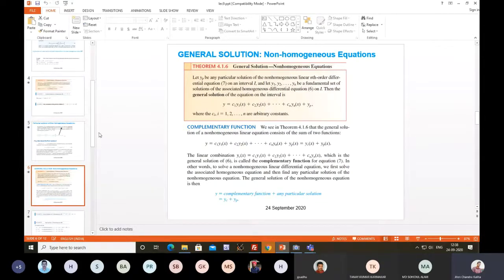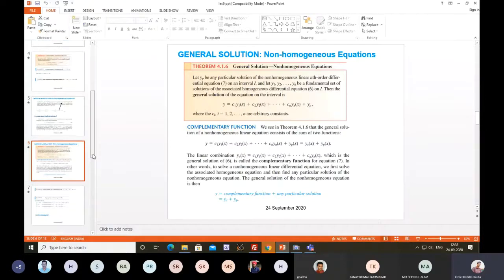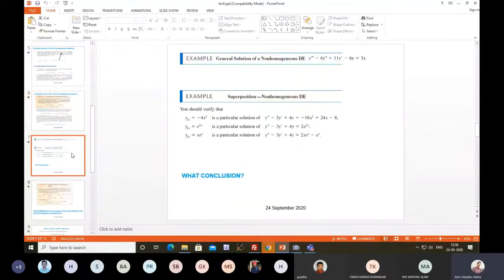Okay, so you have already studied it before, I guess. So can you give me a general solution of the non-homogeneous equation? Are you comfortable in factorizing?